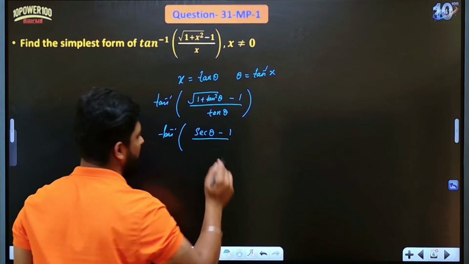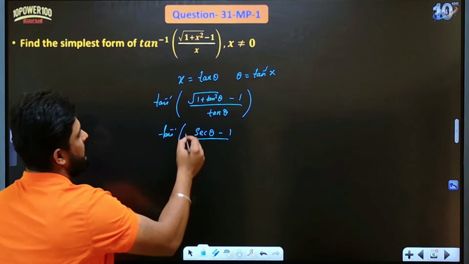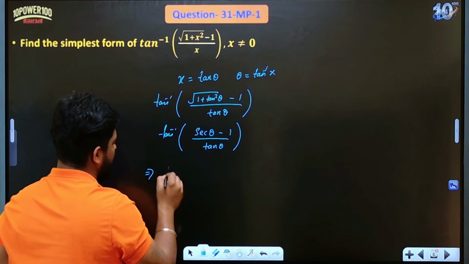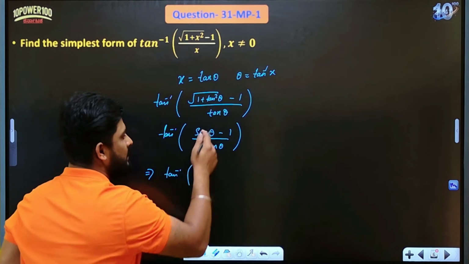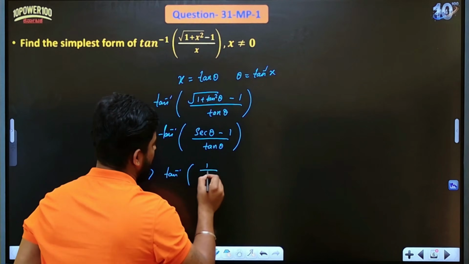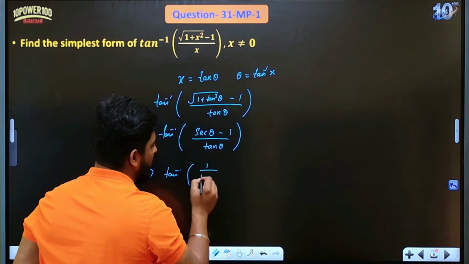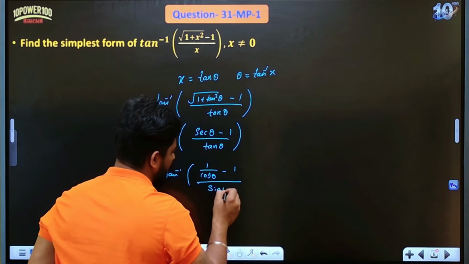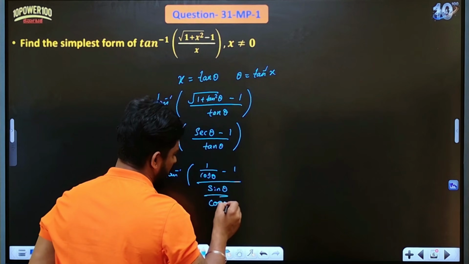It will come as secant square theta, but root is there, so secant theta divided by tan theta. Now, first we have to write in the form of cos and sin. So 1 by secant, sorry, 1 by cos theta we can take, minus 1 divided by sin theta by cos theta.